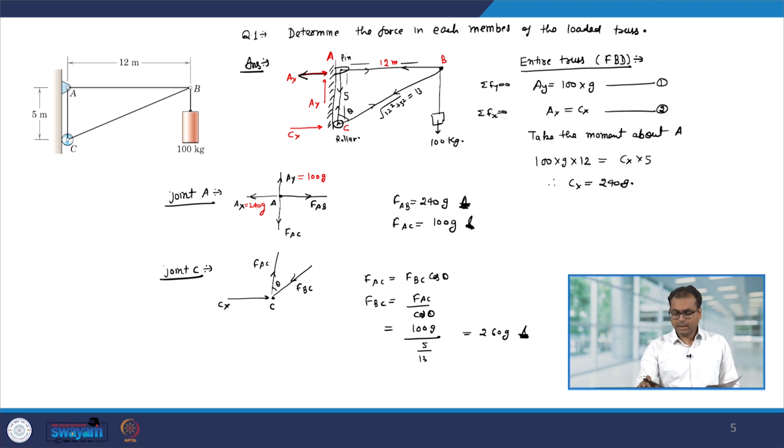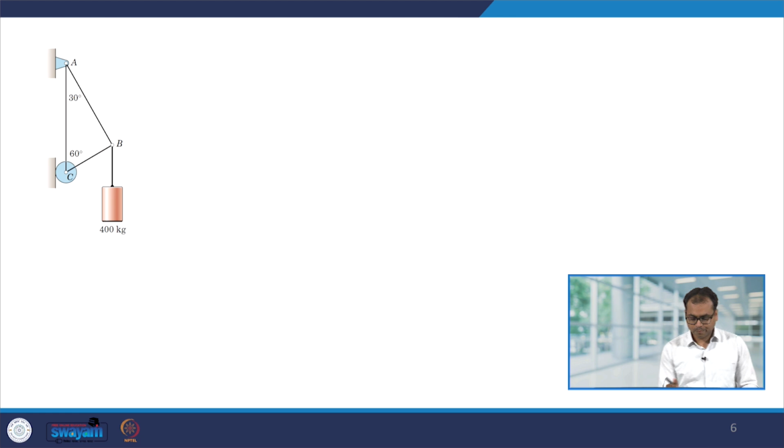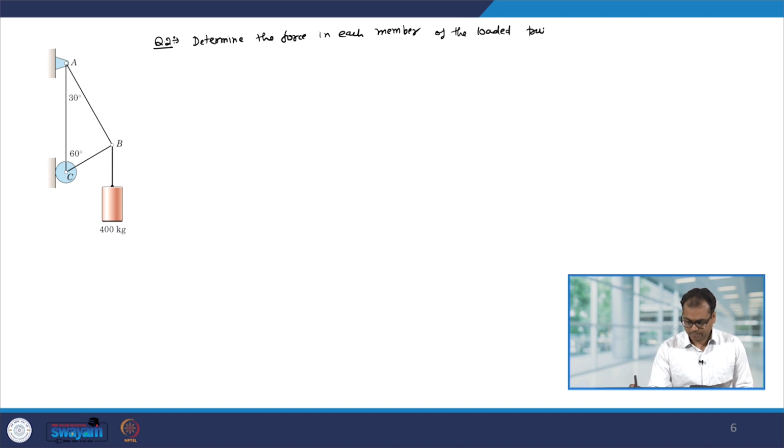Now, let us look at another example, question number 2. So, here again the problem statement is: determine the force in each member of the loaded truss. So, again let us make the free body diagram of this.